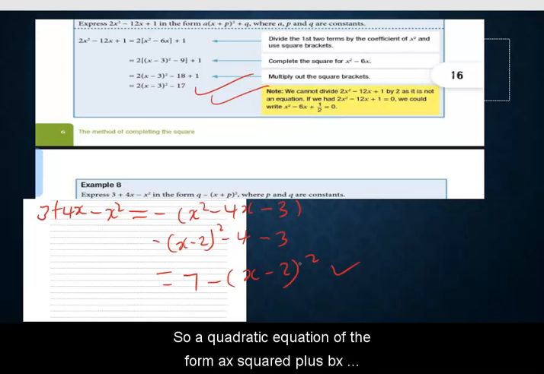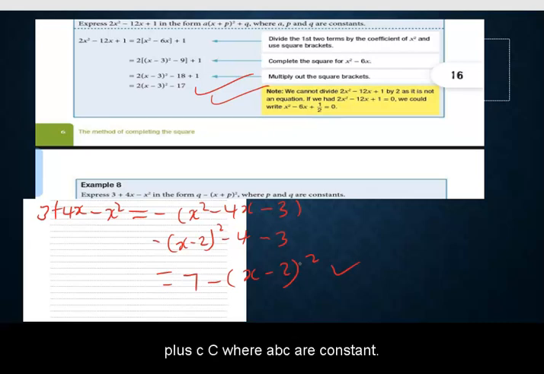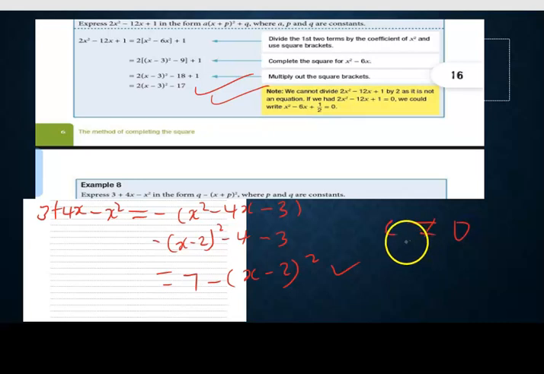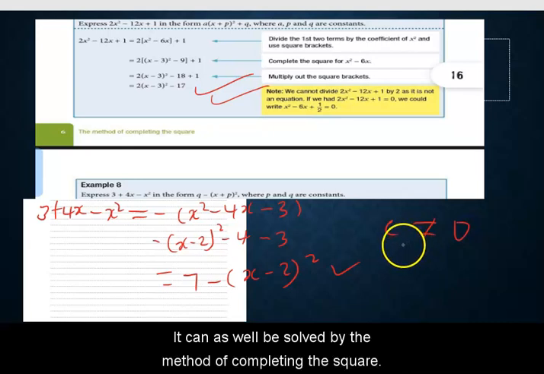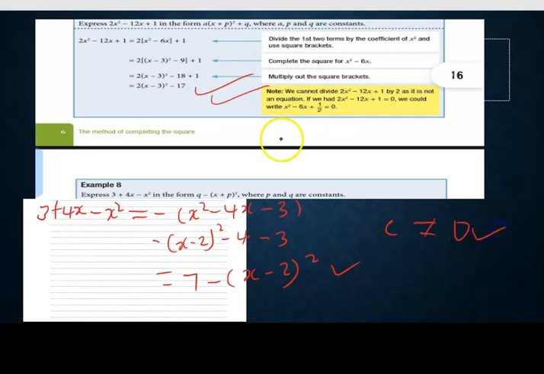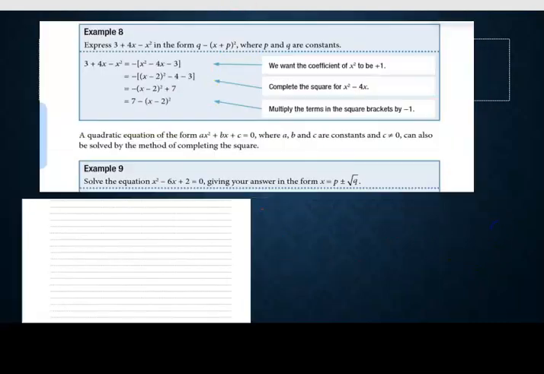So for a quadratic equation of the form ax squared plus bx plus c, where a, b, c are constants, it is good to note that c is not equal to 0. It can as well be solved by the method of completing the square. Okay, number 8. We already solved number 8, so just confirm and try to follow through.